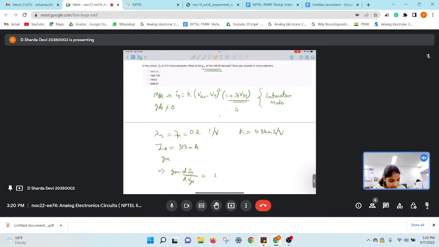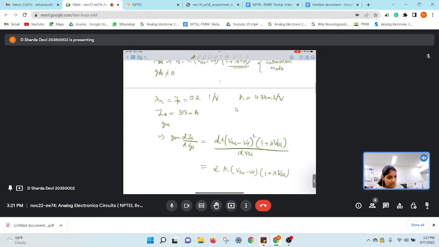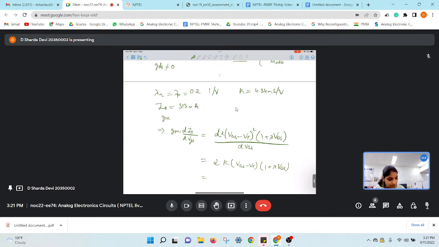So in place of ID, if we simply put K (VGS minus VT) square times (1 plus lambda VDS) and differentiate by dVGS, what will we get? This is what we will get, right?